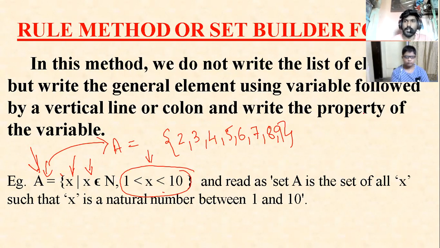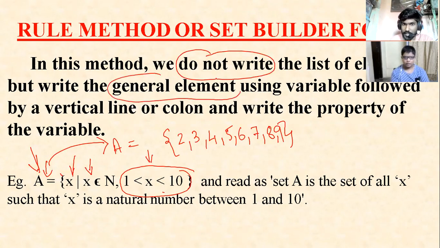Before moving on, I want you to revise these points. You do not write the list of elements, but you write the general element using variables, followed by a vertical line. The vertical line is usually read as such that, or a colon. You can put a vertical line or you can put a colon, but don't put both.